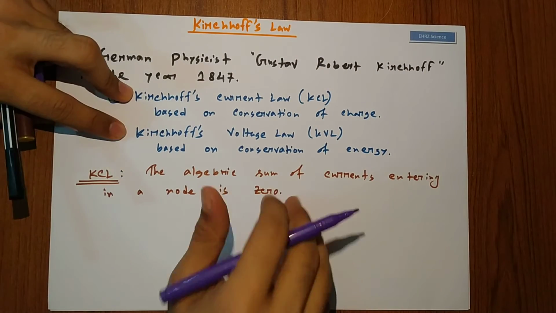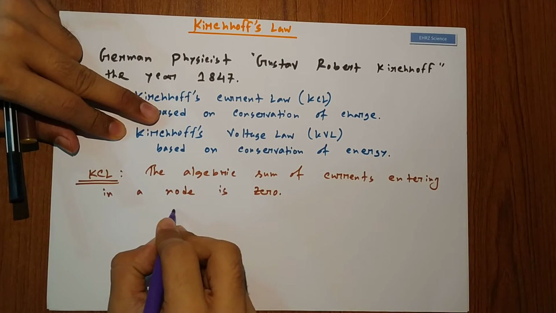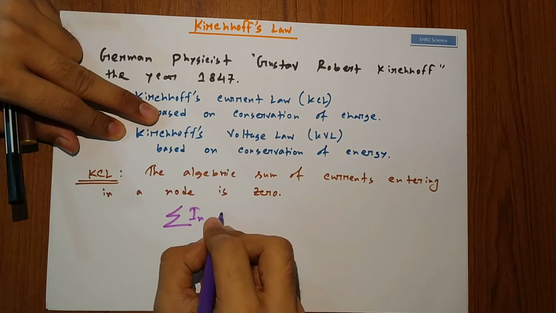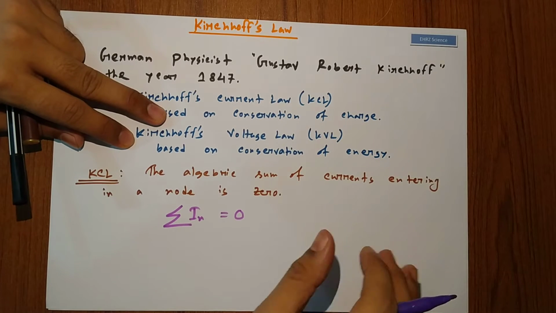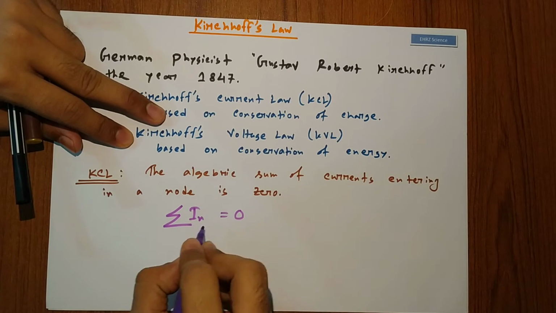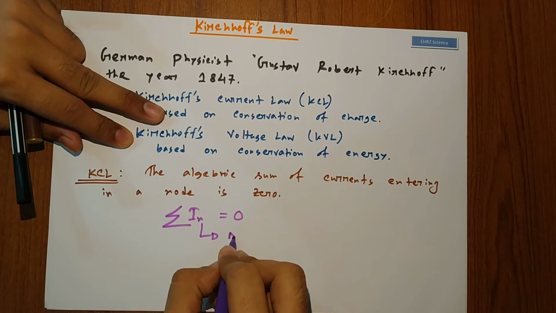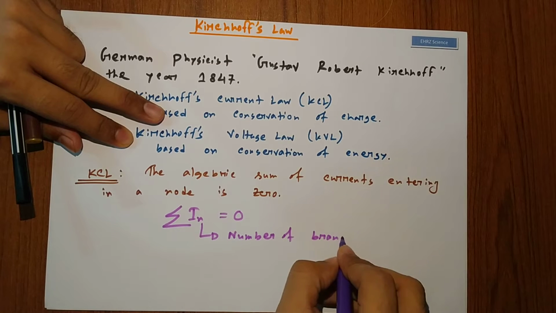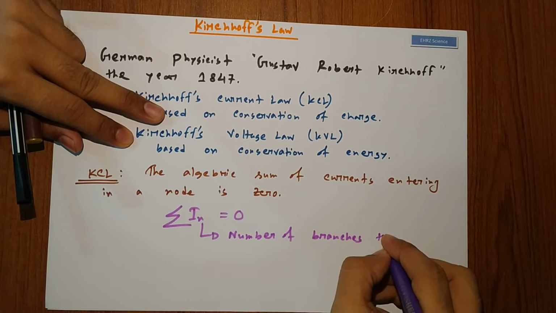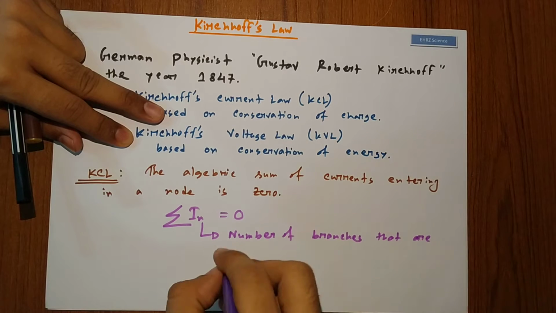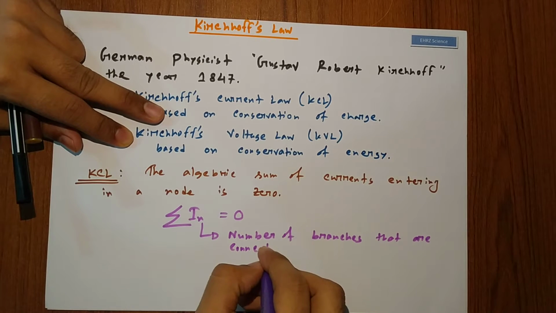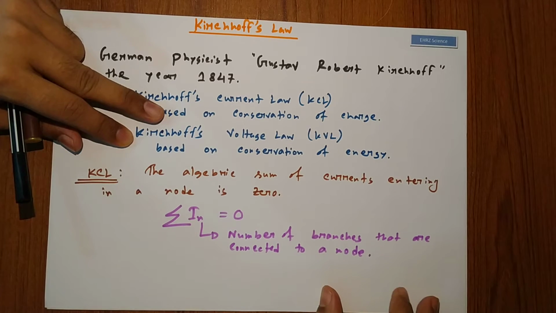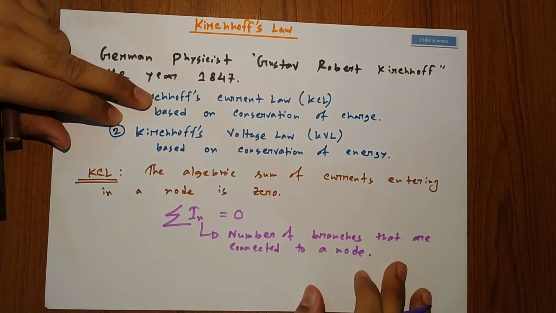Mathematically, we can write that the summation of I_n is equal to 0. Now here, what is this n? N means the number of branches that are connected to a node. Okay, the number of branches that are connected to a node.